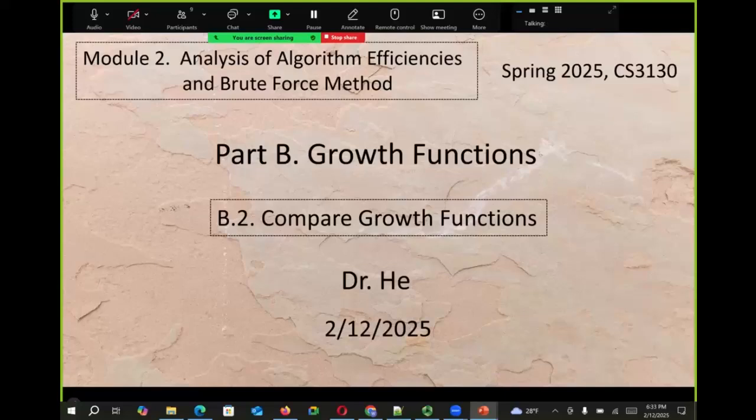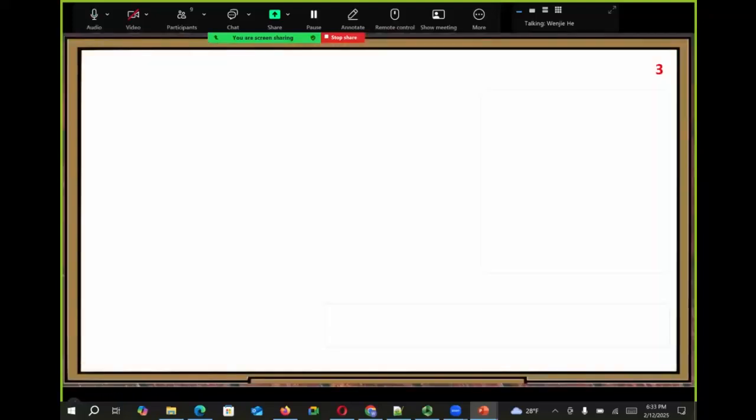So now we want to do comparison. Which growth function grows faster? Which growth function grows slower? So we want to see that. In this section, we need to do calculation to see which one grows faster.